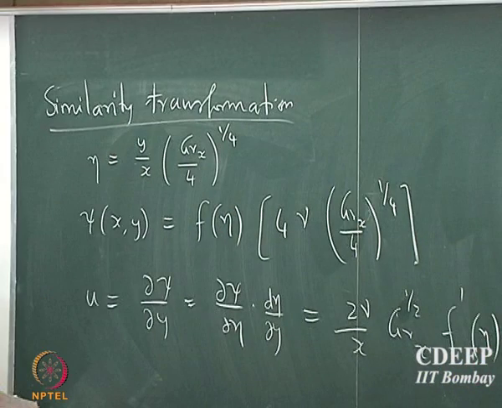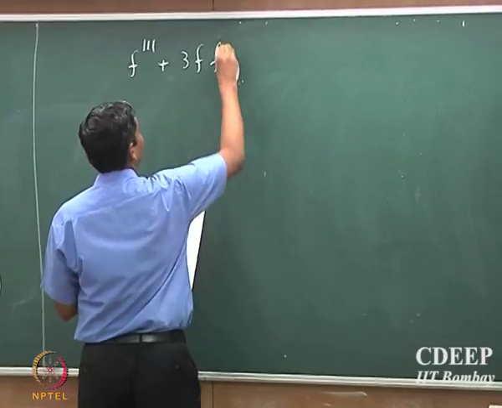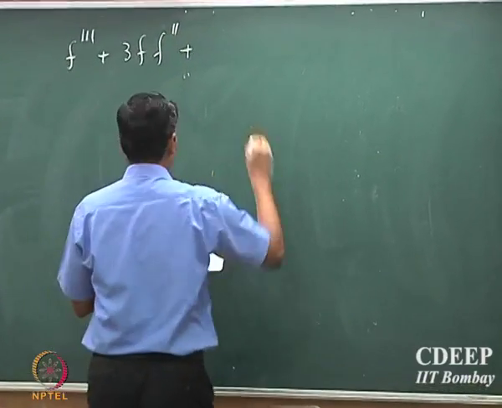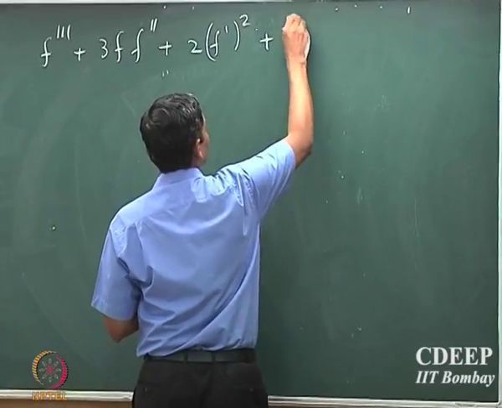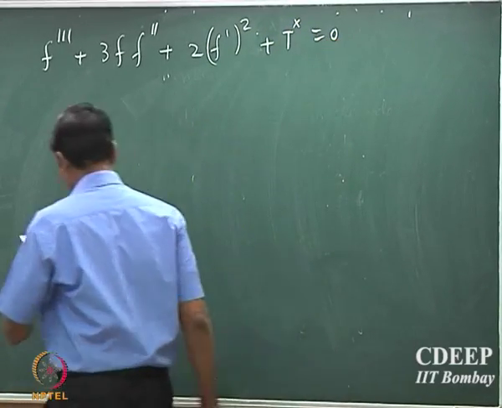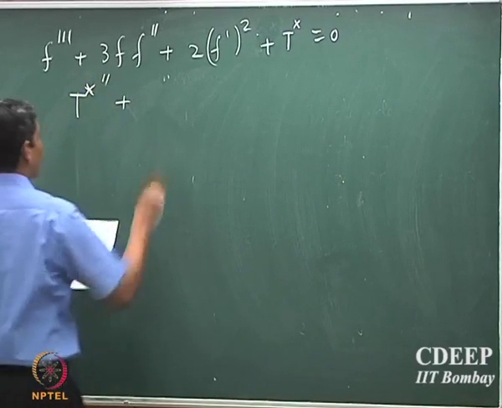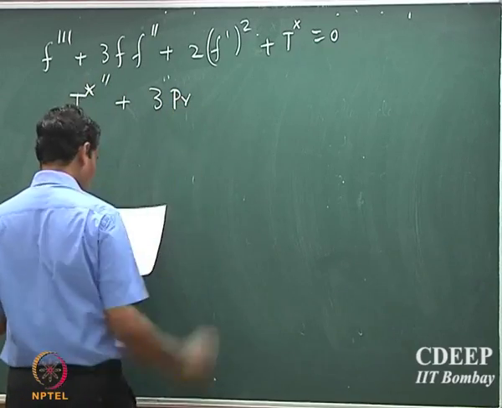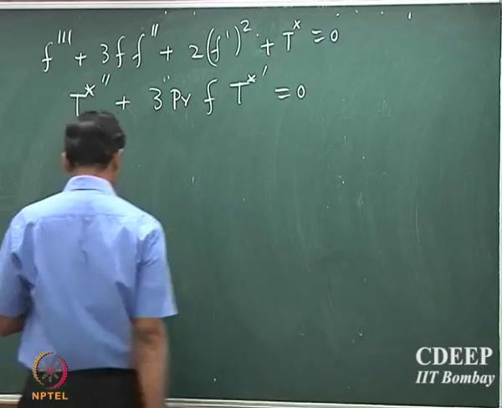Using these definitions, we can rewrite the model equations as f triple prime plus 3f f double prime plus 2f prime square plus t star equal to 0, and t star double prime plus 3 times Prandtl number into f into t star prime equal to 0.